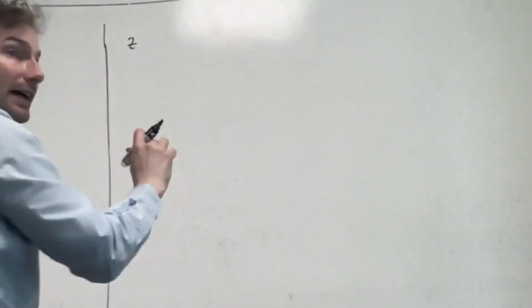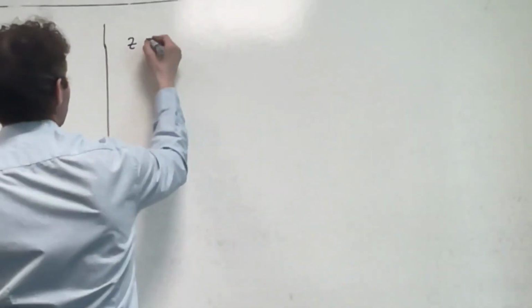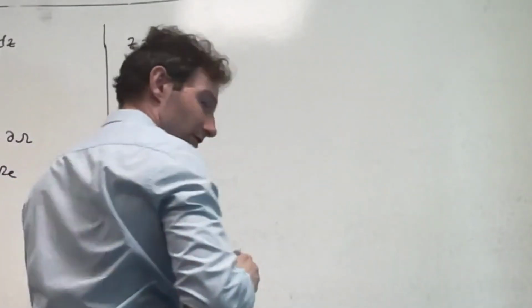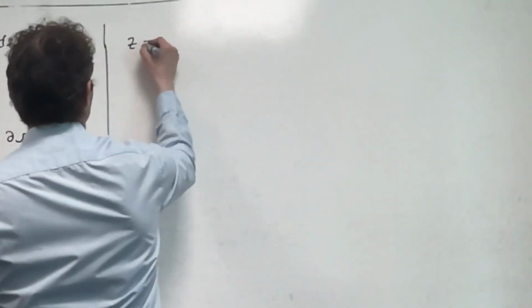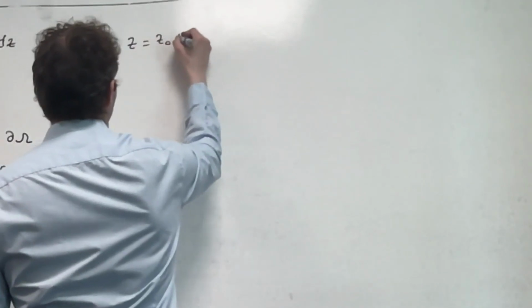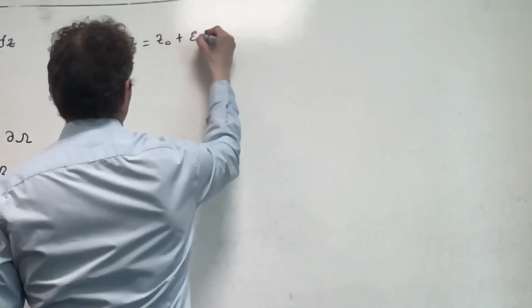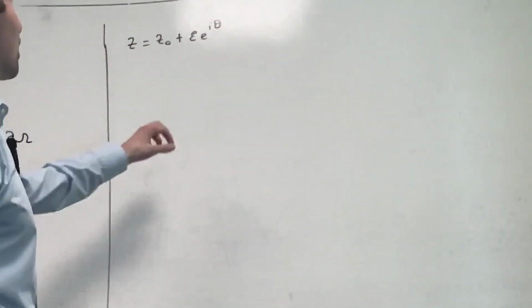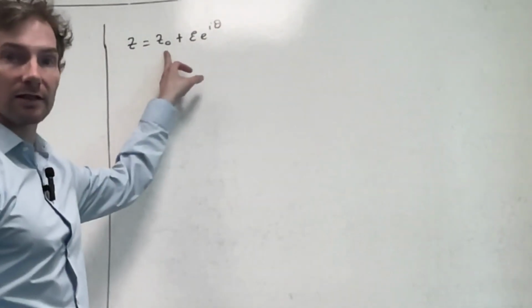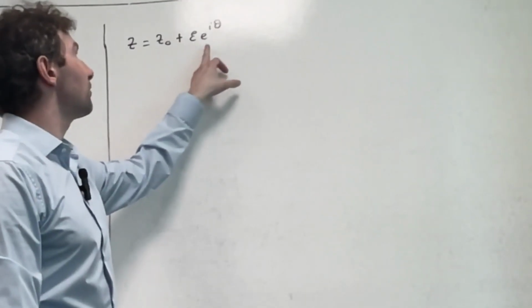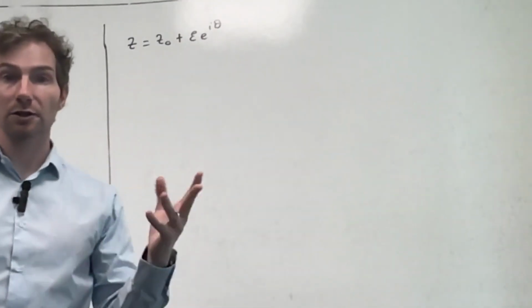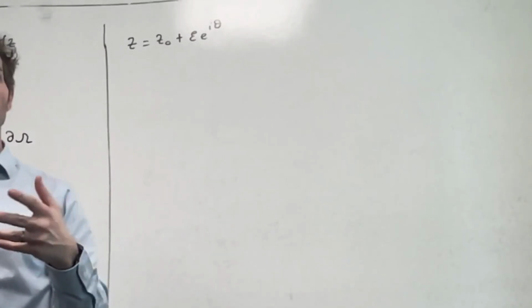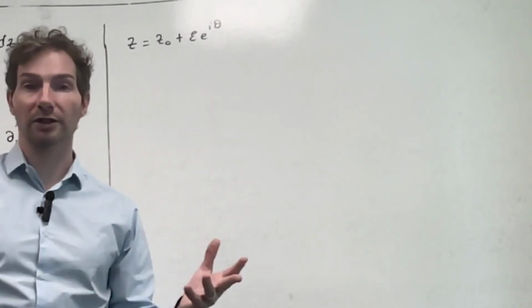So I'm going to say that z is going to be equal to z0 plus epsilon exponential i theta, where z0 is the center, and epsilon exponential i theta is how you define a circle in the complex plane.